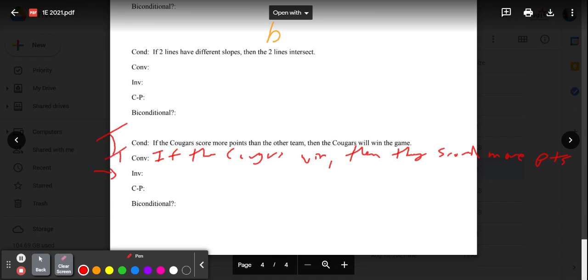It's the only way to win: score more points, unless it's golf. Now, inverse: if the Cougars don't score more points, then they don't win.